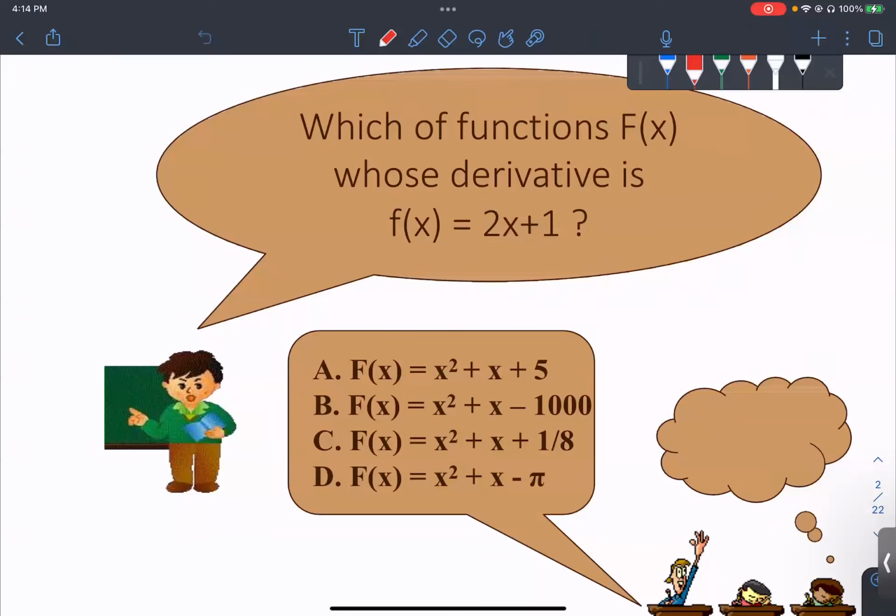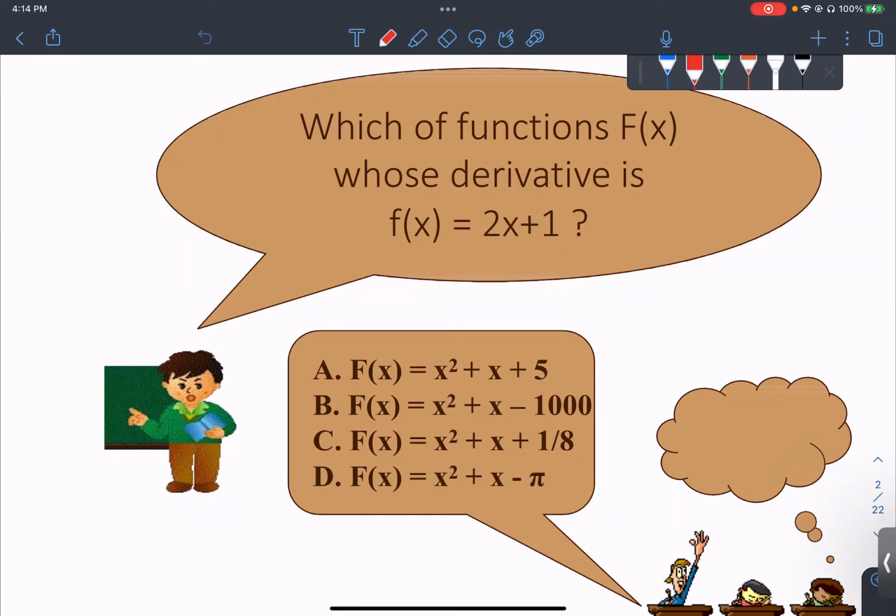Then x squared plus x plus 1/8 gives 2x plus 1, and what's the derivative of 1/8? It's still 0 because that is a constant. For x squared plus x minus pi, the derivative of pi is 0 because pi is a constant as well. So in short, those four functions are different from each other.